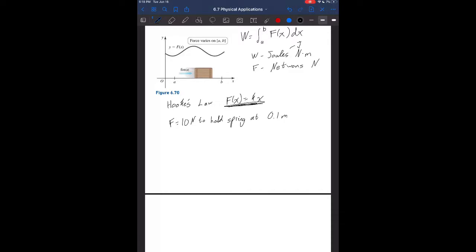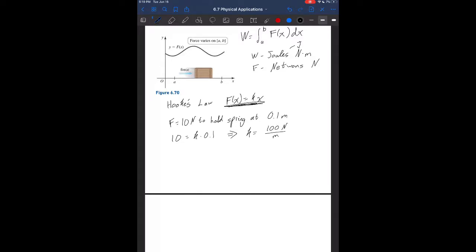Okay, so a first question we can ask is, according to Hooke's law, what is our K going to be? So in this case, we can just plug everything in, not using any calculus, and we can get that 10 is equal to K times 0.1. Dividing both sides by 0.1 is going to leave us with K equals 100 newtons over meters. Great.